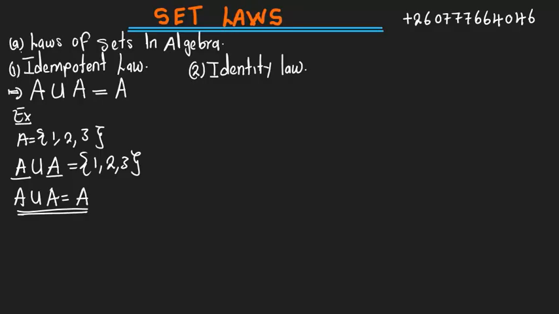This law simply states that if you've got an empty set and that empty set is being united with a particular set, which we can give as an example B, then the answer that you're going to find is simply that set B. So the union of an empty set with a set B is going to give you set B.